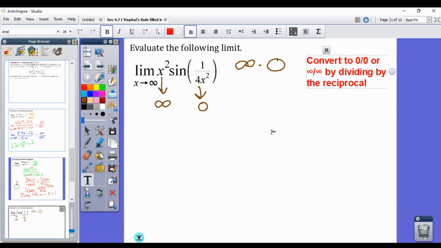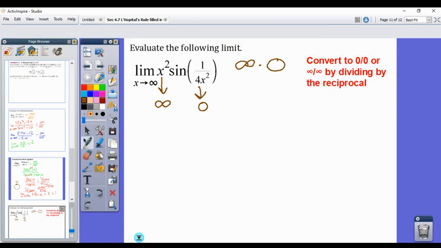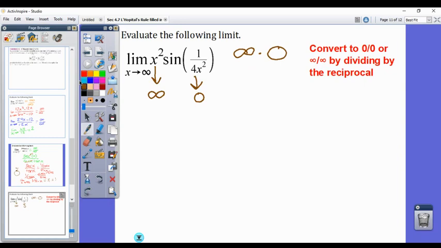So what I mean by that is my x squared is the same as 1 over x squared. So I'm dividing 1 by my reciprocal of x squared. And that makes sense because essentially I'd have 1 multiplied by x squared over 1, you'd flip it, and so I'd end up with x squared again, okay? So we're dividing 1 by the reciprocal of this.